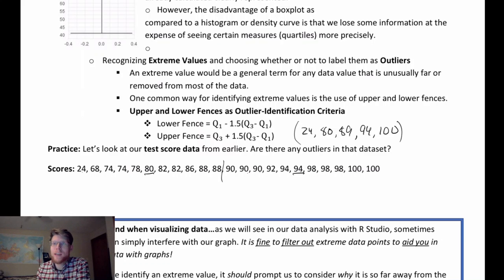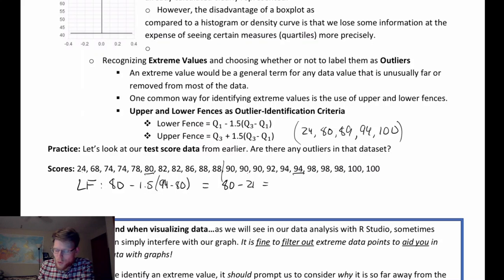If we have any data points that are farther away than that, then that's a candidate to be called an extreme value, because that's pretty far away from where most of the data seems to be. So the lower fence here is our first quartile, 80, minus 1.5 times the interquartile range, which is 94 minus 80, which is just 14. So this is going to be 80 minus 21, and that's 59.